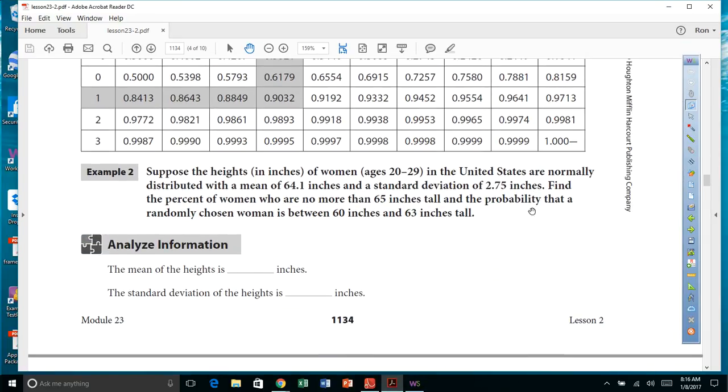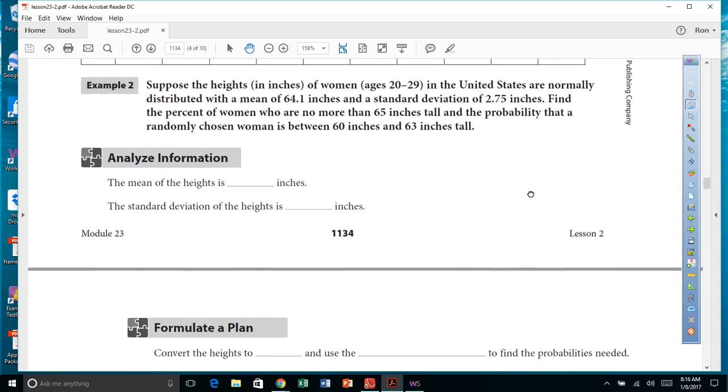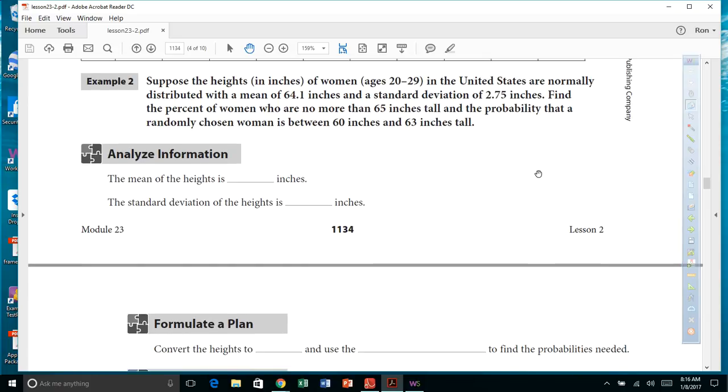Suppose the heights in inches of women 20 to 29 in the United States are normally distributed with a mean of 64.1 inches and a standard deviation of 2.75 inches. Find the percent of women who are no more than 65 inches tall, and the probability that a randomly chosen woman is between 60 and 63 inches tall.